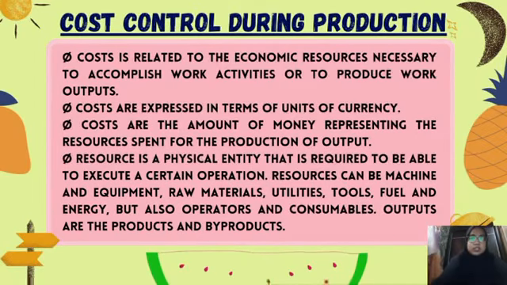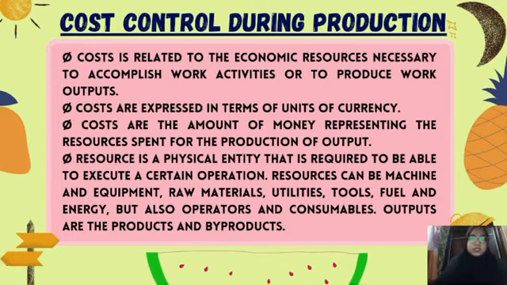Cost is related to the economic resources necessary to accomplish a work activity or the produced work output. Costs are expressed in terms of a unit of currency. Costs are the amount of money representing the resources spent for the production of output.